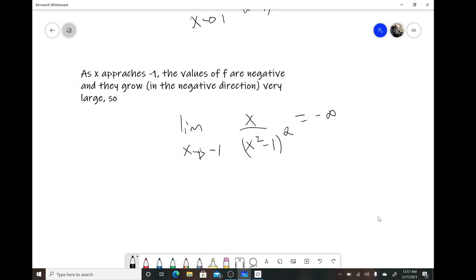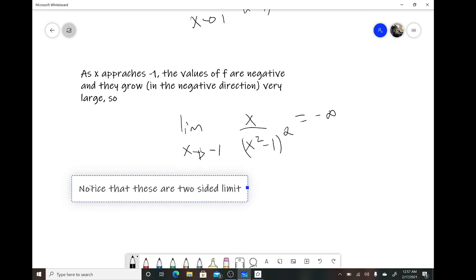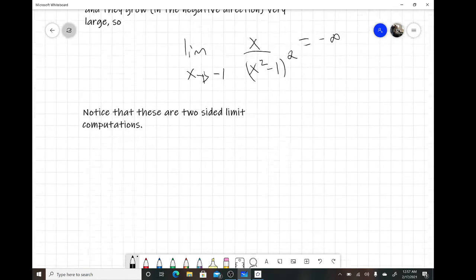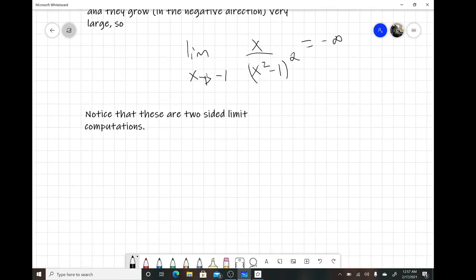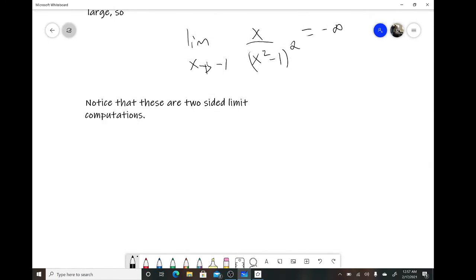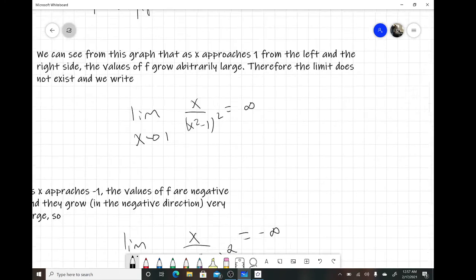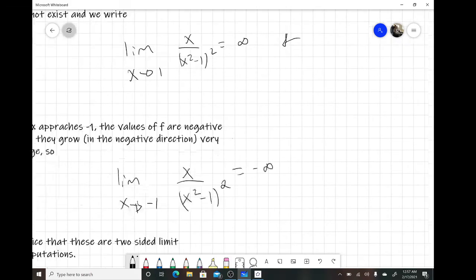Now, notice that, again, these are two-sided limit computations. Also notice that even though both limits went to infinity, and I'm saying that they do not exist, the left and right side limits are both plus infinity for the first one, and both minus infinity for this one.